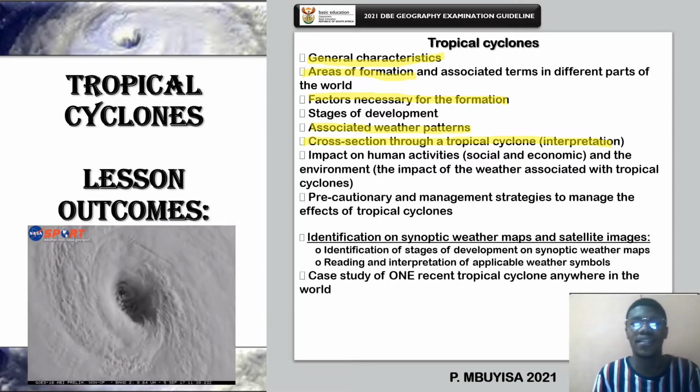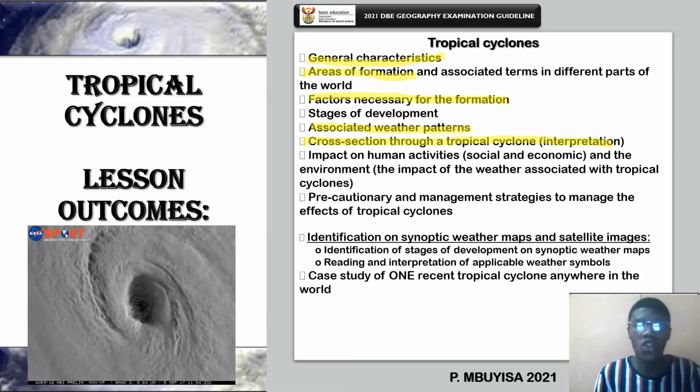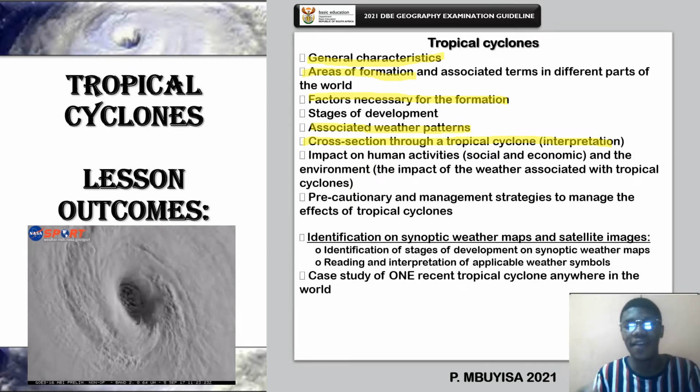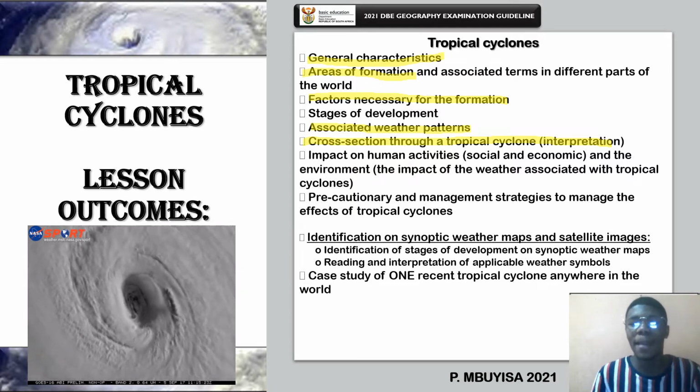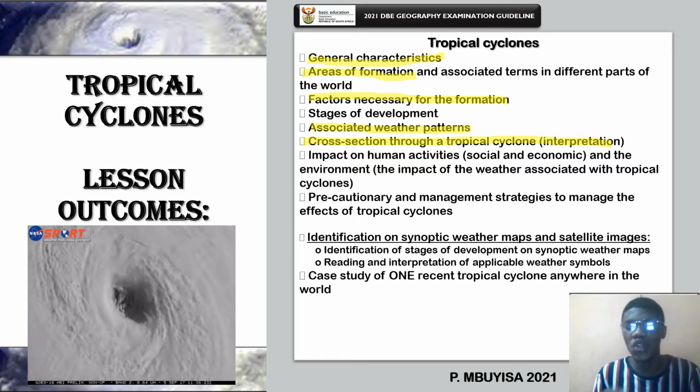Very important point for you to know. So you need to know how to identify which hemisphere these systems are in based on their circulation.